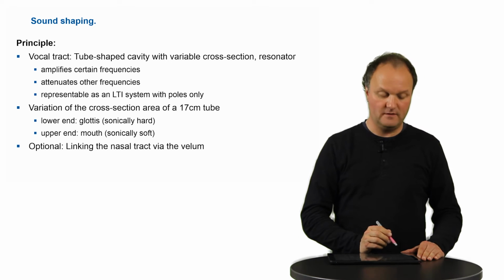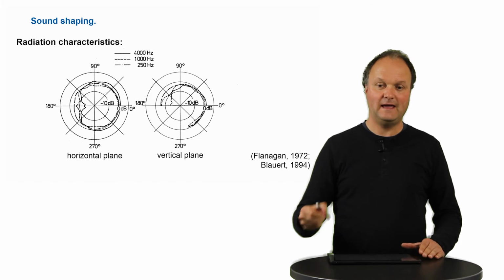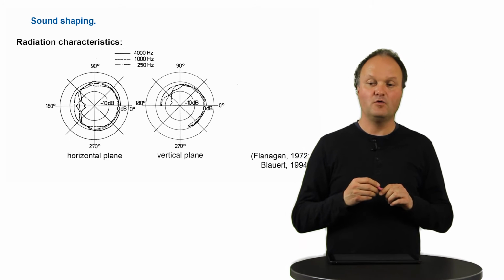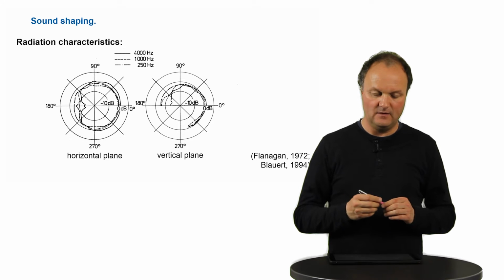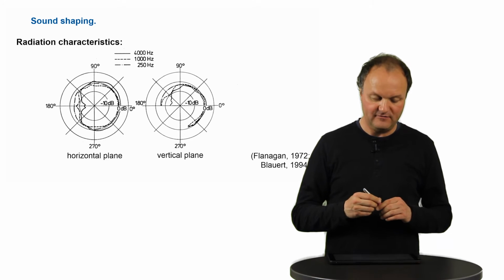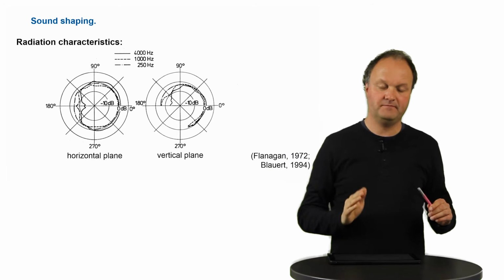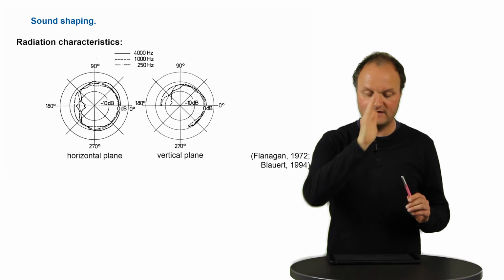Now we will have a further look into what happens outside your head when the sound signal gets out of your mouth. There you also have a certain transfer or radiation characteristic. What you see in the background on the left-hand side is a cut of the horizontal plane, and on the right-hand side a cut through the vertical plane in this direction.